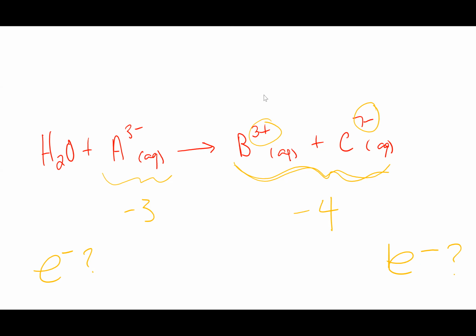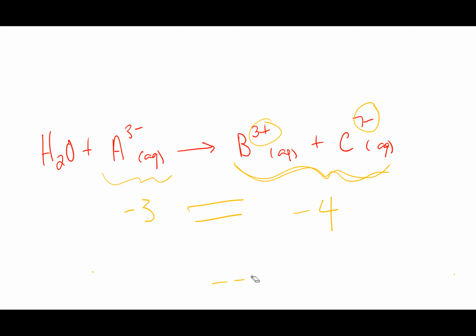Okay, now for anybody who doesn't know why it's left, think about what adding an electron is. Adding an electron is just adding a -1. You need to make these numbers equal. -3 and -4 need to somehow turn into the same number. And all I can do is add a -1 to any side.